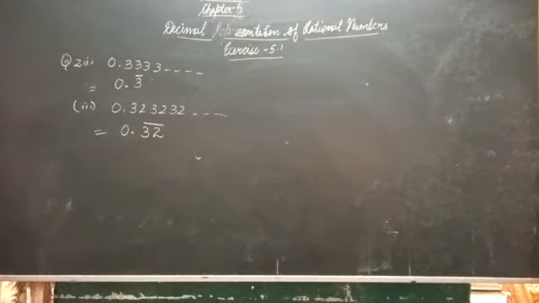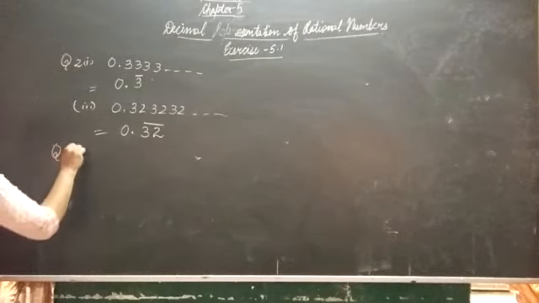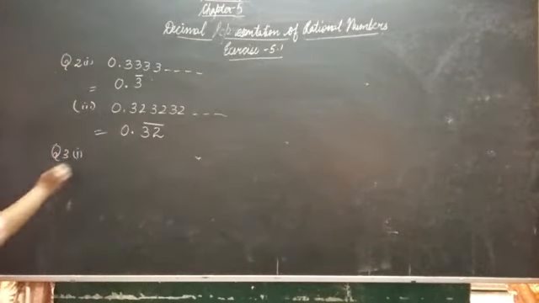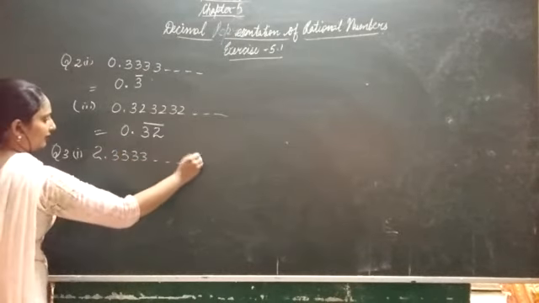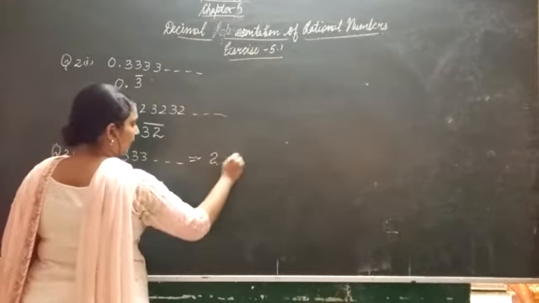Clear? Now in the third question, correct the short forms of the following repeating decimals. Here we are given decimal numbers which are represented in short form but are incorrect. So we have to correct them. Let's take its first part, it is 2.333 and this is written as 2.33 bar.